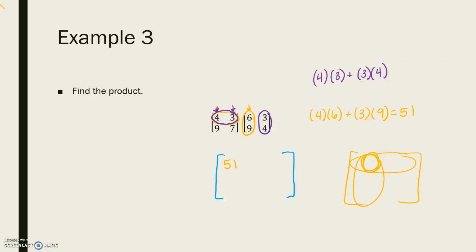I'm always multiplying together a number from the row of the first and a number from the column of the second. In this case, I would get 12 plus 12, which would give me 24. And again, think about it this way. I'm finding first row, second column, so I want this point right here. So 24 is going to go here.